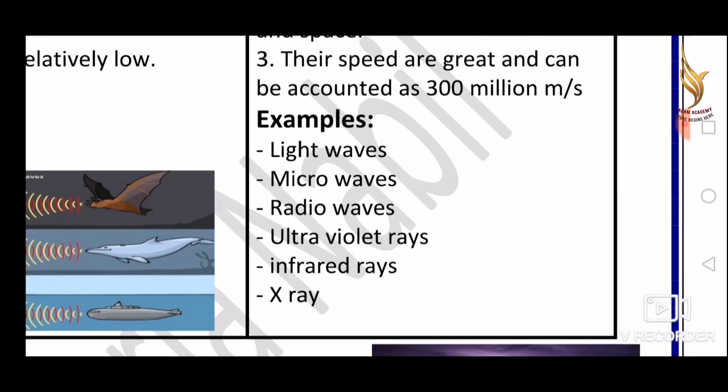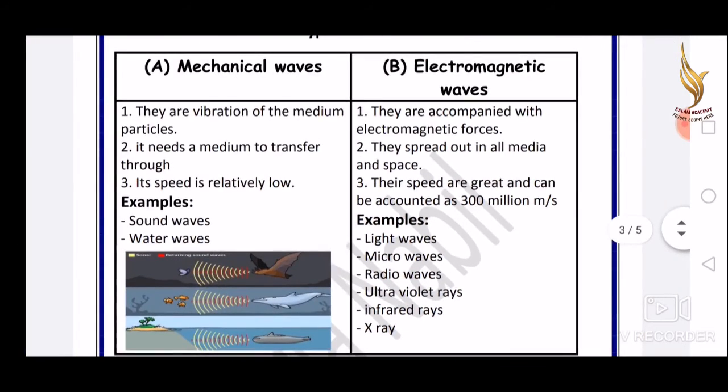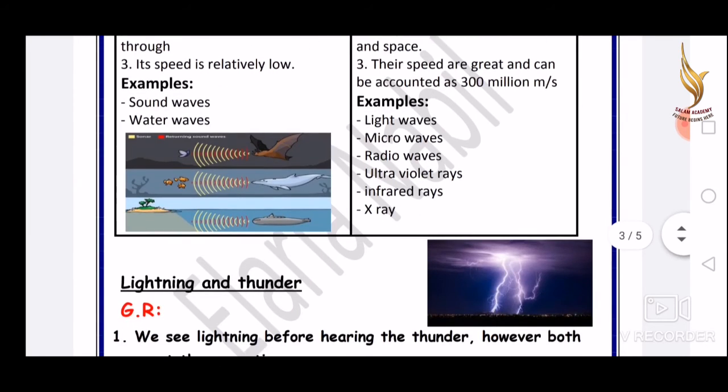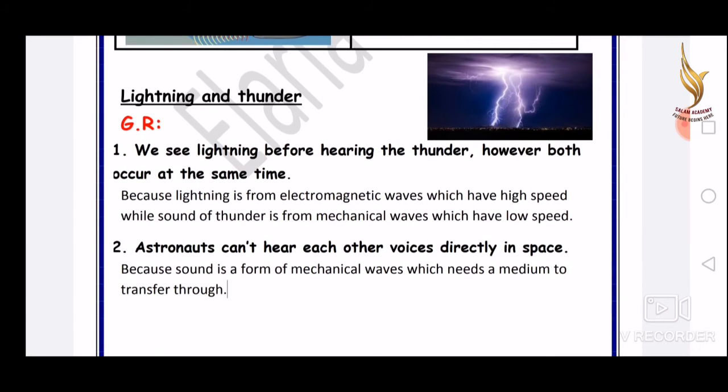So we have two types of waves: mechanical waves like sound waves and water waves, and electromagnetic waves like light waves, radio waves, ultraviolet, infrared, and X-rays. We take this example to differentiate between them.